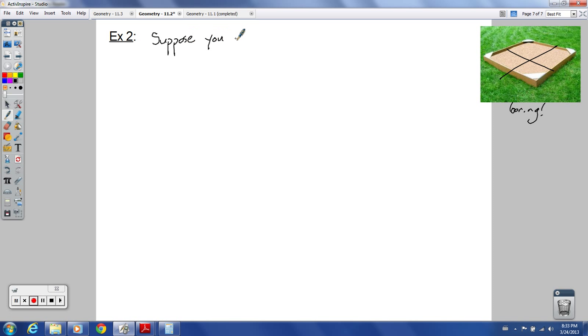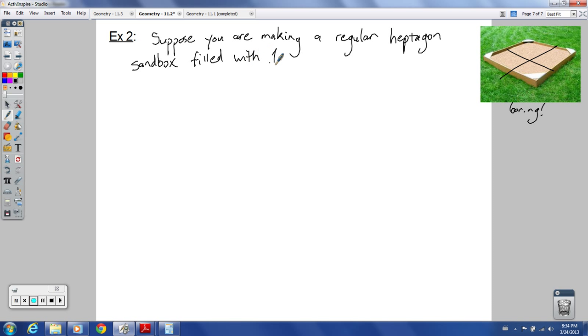Suppose you are making a regular, you're a lot more interesting than those boring people that make these boring square sandboxes. You want to make a regular heptagon sandbox for your kids someday. Regular heptagon sandbox filled with 1 foot of sand.